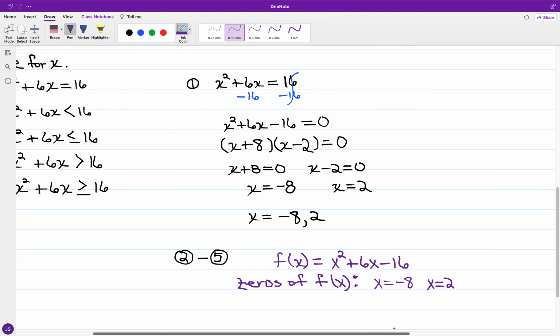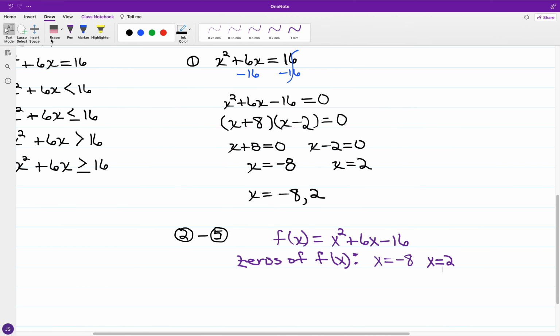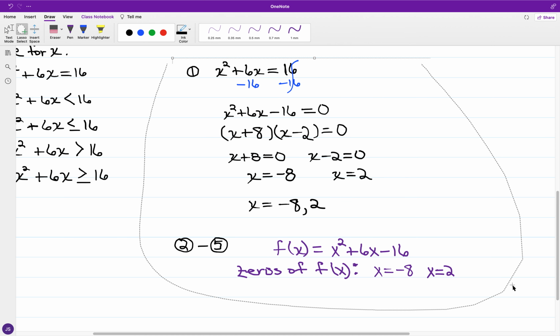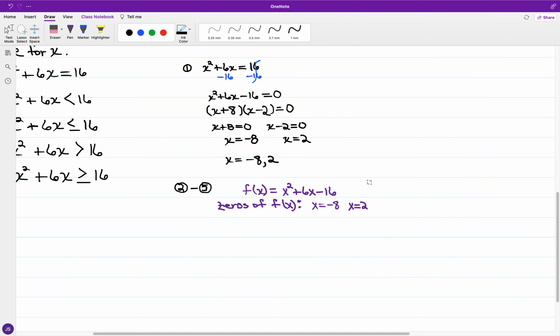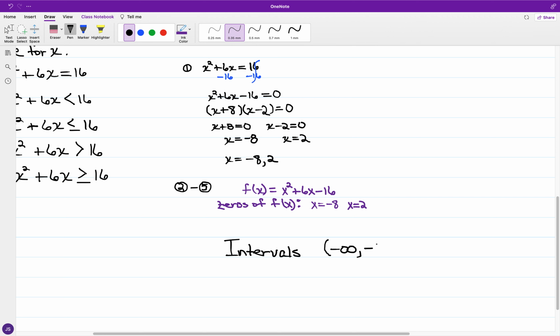And just looking at establishing tables. I'm going to set up a row of intervals. Now with our zeros, we have -8 and +2. If I run it through the real number system, -8 is the smaller of the zeros, so I have between -infinity and -8.